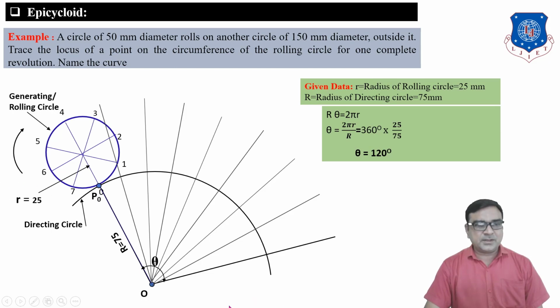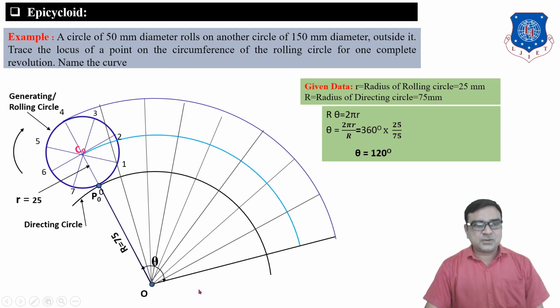P0 is our point on the circumference of the rolling circle, and we want to follow this point during one rotation of the circle. C0 is the center of the rolling circle. Now draw an arc by taking O as center and OC0 as radius, and place another circle, which is the end position of the circle after one rotation.